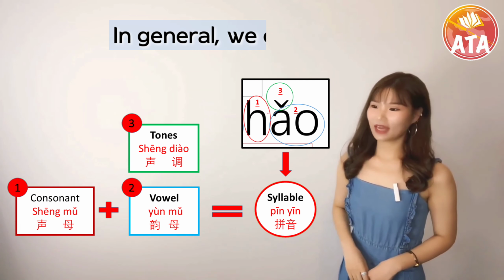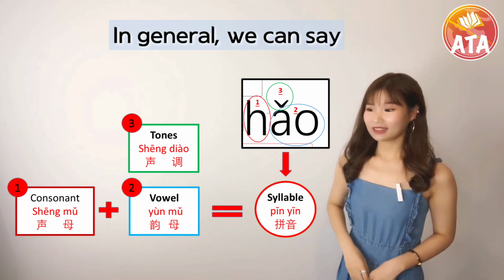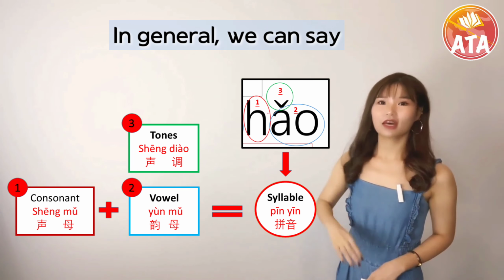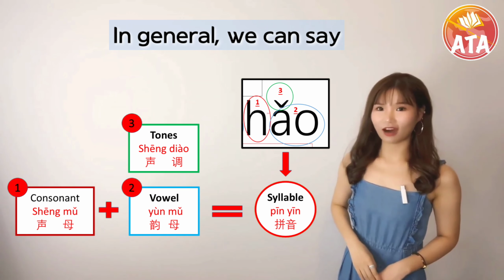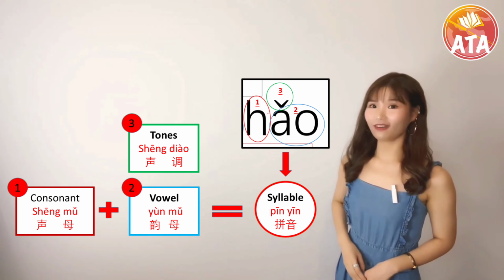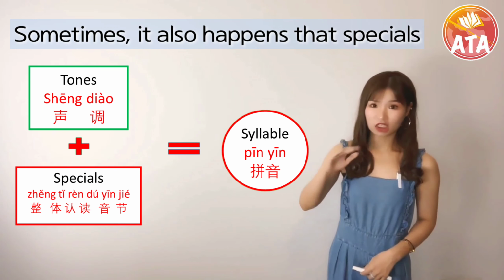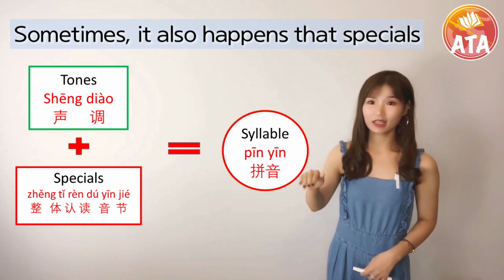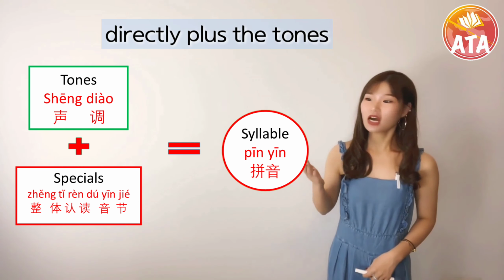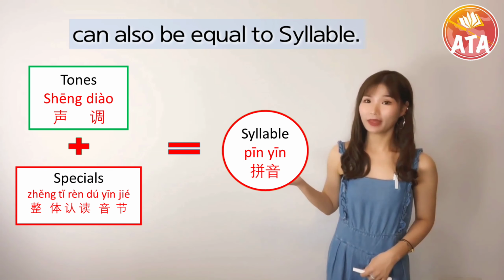In general, we can say our consonant, 声母, plus our vowels, 韵母, and adding the tones, 声调, will equal our 拼音 syllable. You see here we have 好, right? Sometimes it can also happen that the spatials, 整体认读音节, directly plus tones, 声调, can also equal our syllable, 拼音.